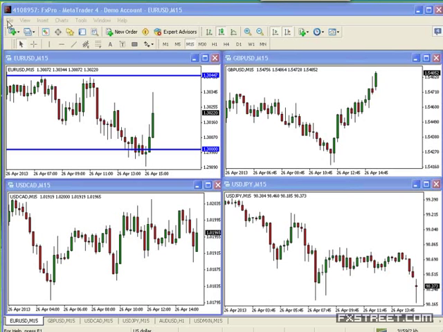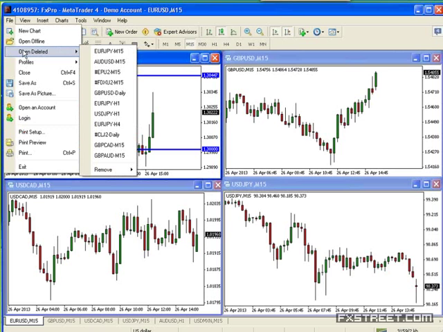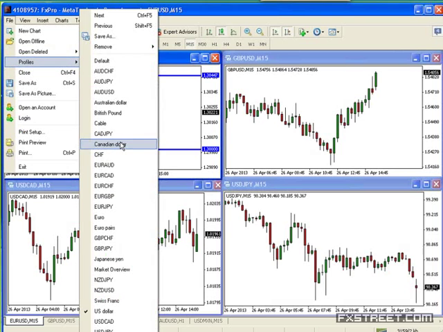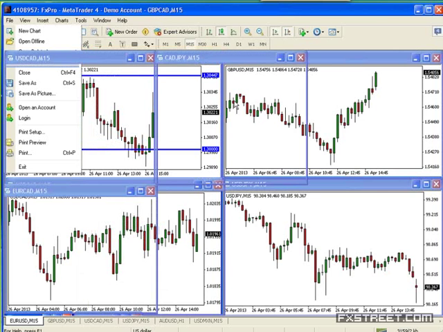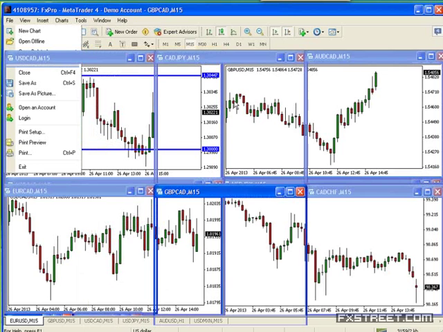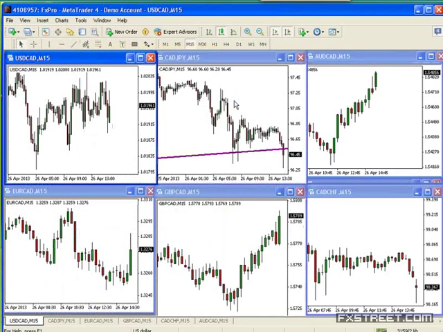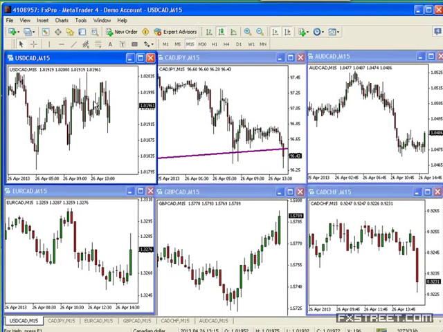I want to look at the Canadian dollar pairs. I mentioned earlier a hint of Canadian dollar weakness as seen on dollar CAD. Going to a profile showing multiple Canadian dollar pairs. Yeah, you see it across the board here.